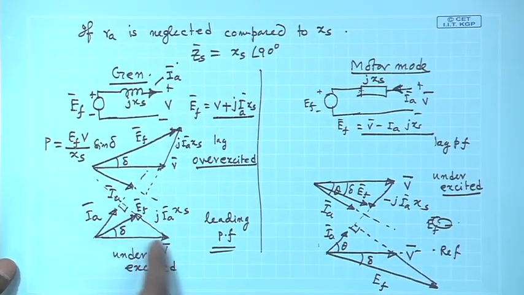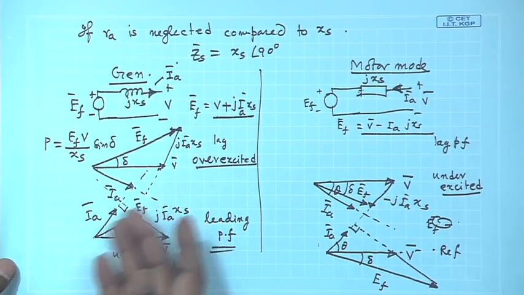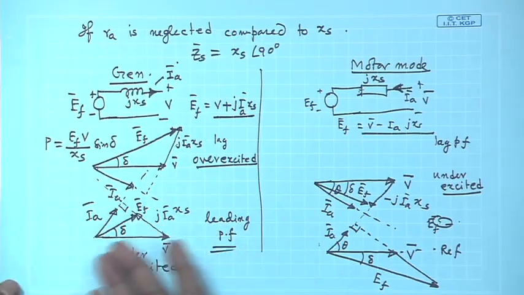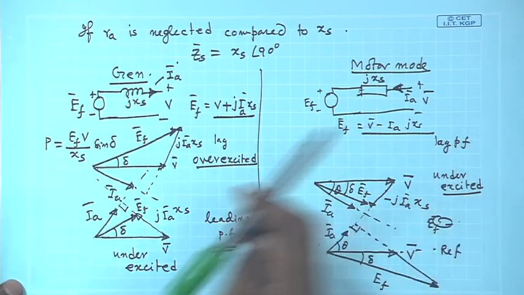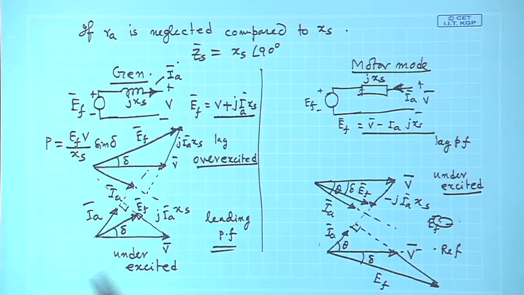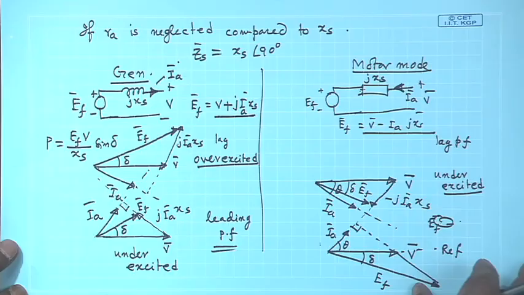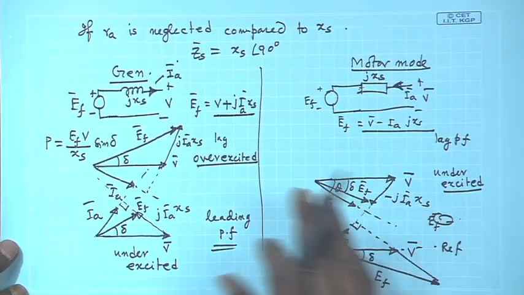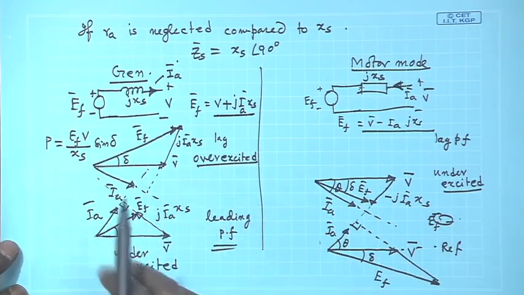In fact, from the phasor diagram, using properties of a triangle, under this condition this angle is 90 degrees, and several problems can be solved very quickly. I will try to devote 1 or 2 sessions for problem solving later.